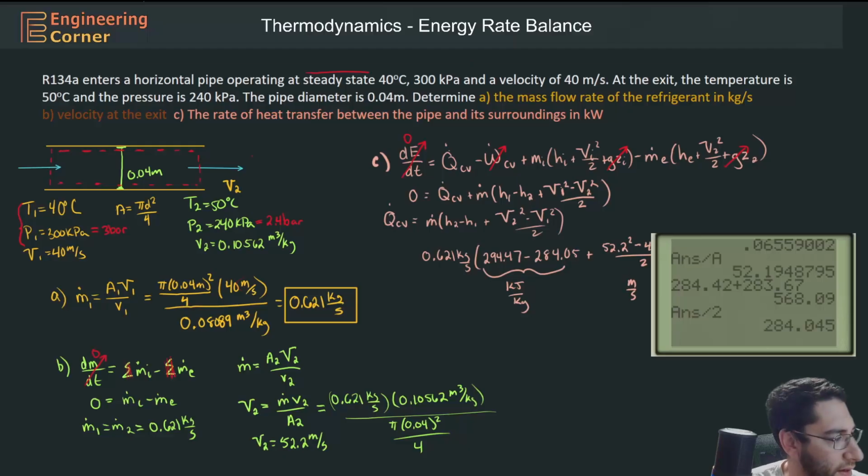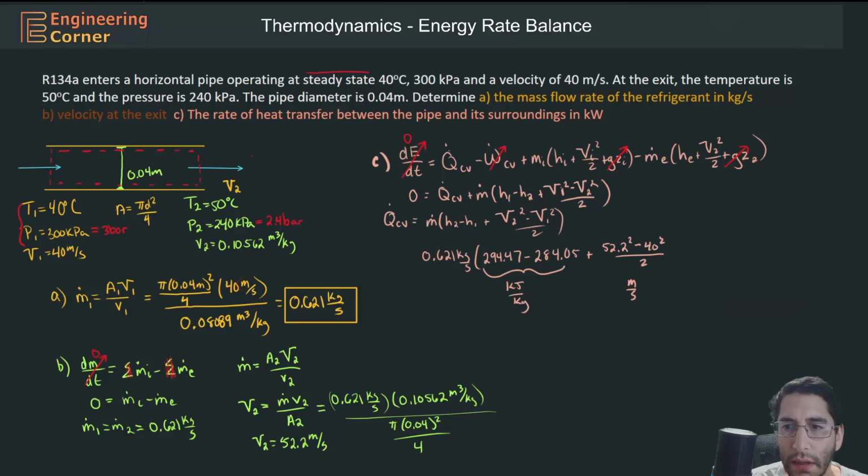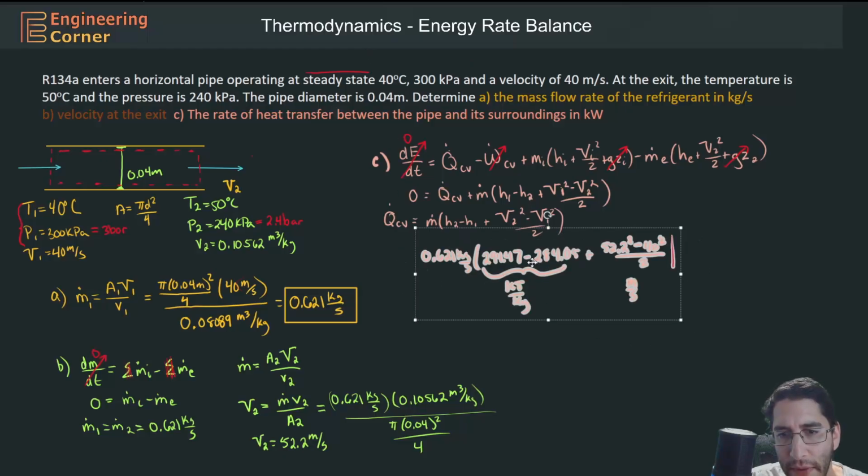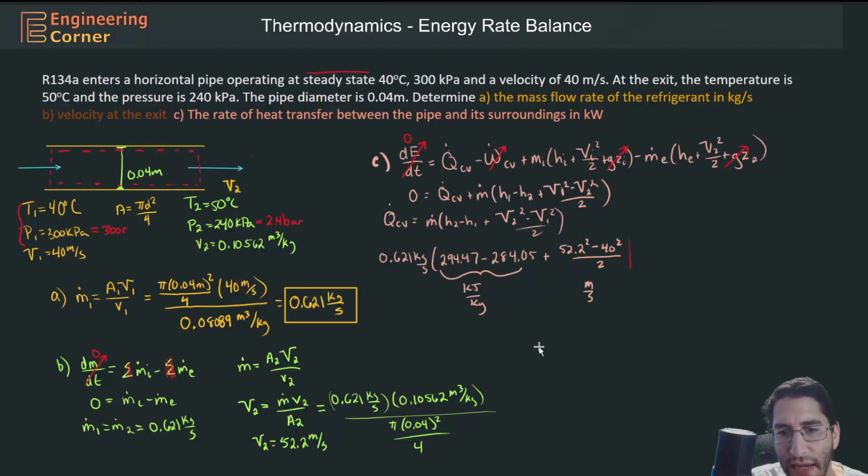Oops, let me get rid of this calculator. We do know we are going to need a conversion factor for this operation, because we cannot add a meter per second and a kilojoule per kilogram. So the conversion factor we need: let's write here, meters per second.